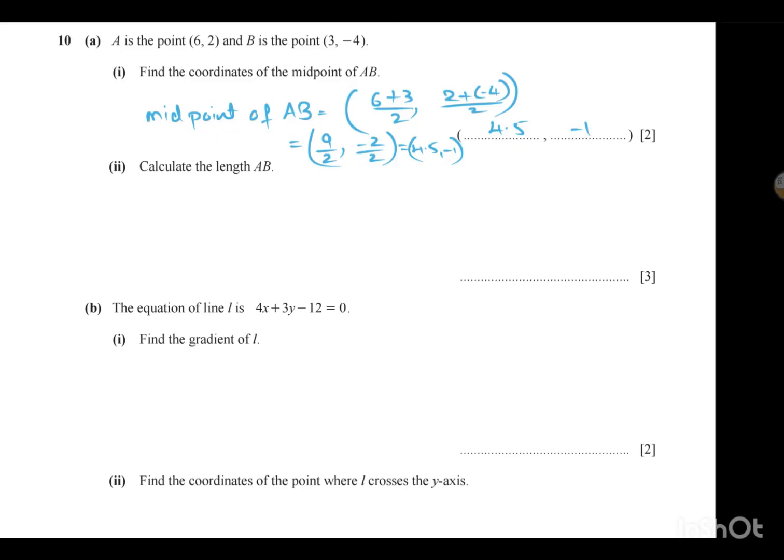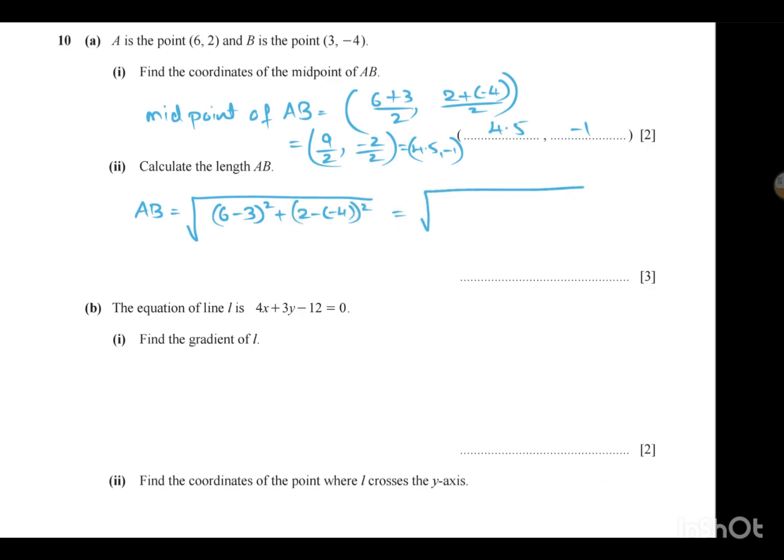Question number 2. Calculate the length AB. So length will always be square root of x2 minus x1 whole square plus y2 minus y1 whole square.